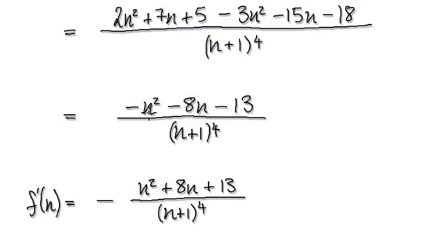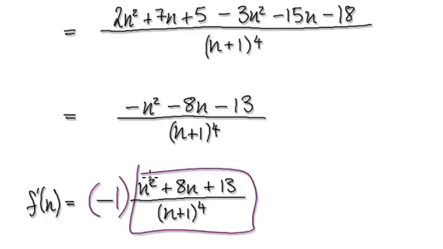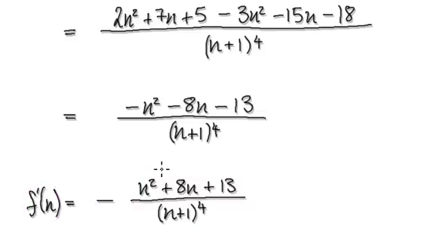Now factor out the negative 1 here. So now you can tell for sure that the derivative will always be negative, because remember n is moving from 1 all the way to infinity.